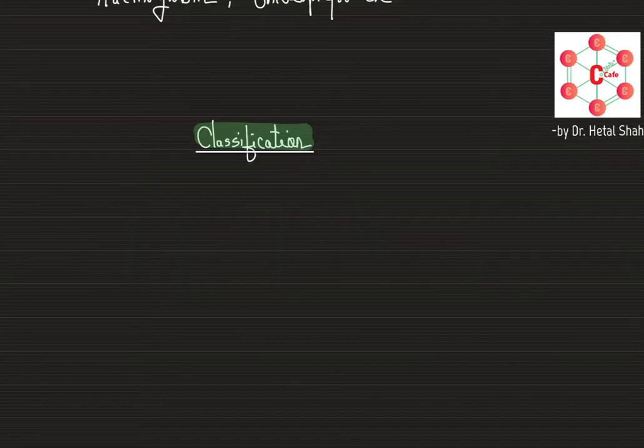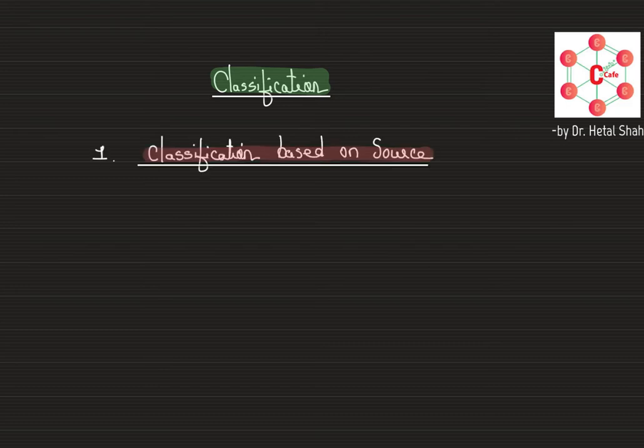So let us now go to the classification of polymers. There are about 4 different classifications given for polymers, and I'm going to start with the first classification. This is the classification based on source of polymer. So let us take up the first one, classification based on source.